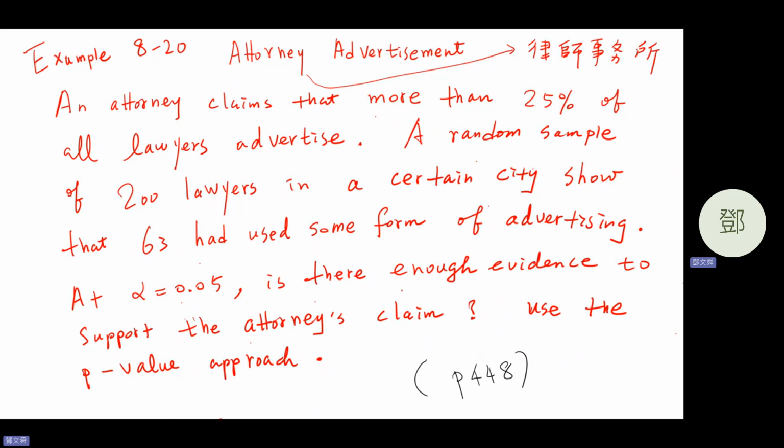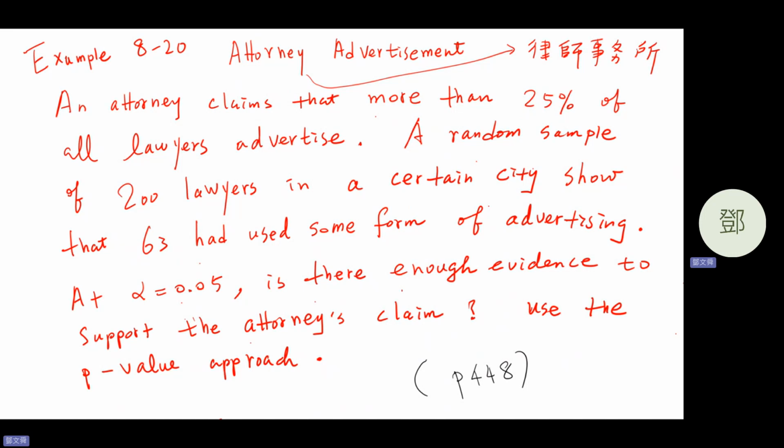If you have a set of 200 lawyers, you have x1, x2, x3, all the way to x200. Each xi is either 0 or 1. It is 0 if the attorney does not advertise, and 1 if the law firm advertises.